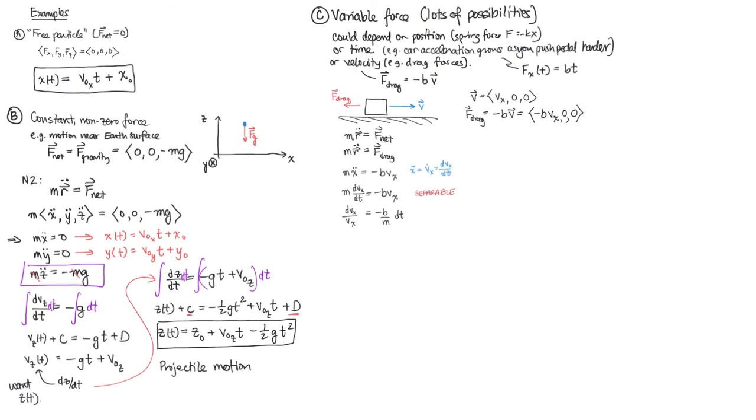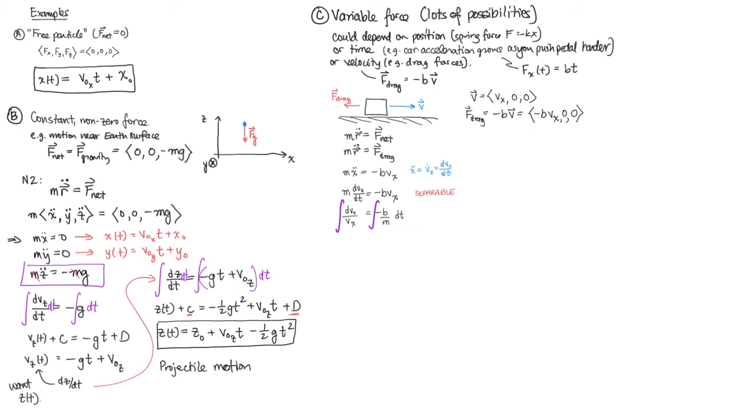Now I understand that dv/dt is a derivative, and you can't really treat the numerator and denominator as separate entities, but in practice, it is fine to think about it this way as small differentials, if you'd like. And so what we end up with is we're going to integrate both sides.